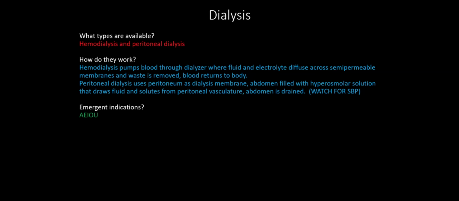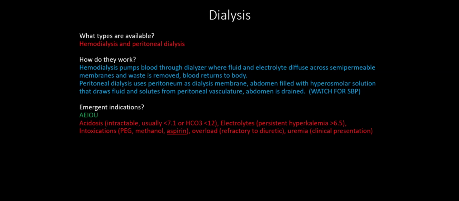Very nice. What Mike said is very, very important, especially in real life. Not everybody that has acidosis is going to get dialysis, or else so many people would be getting dialysis. It'd be insane. But these are intractable, things where you've tried optimal medical management and you're not getting the results. These are true emergencies.